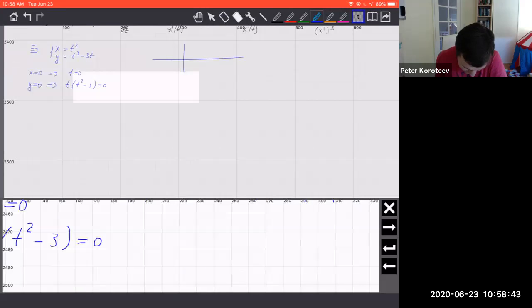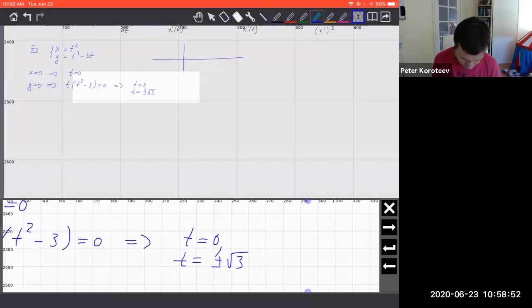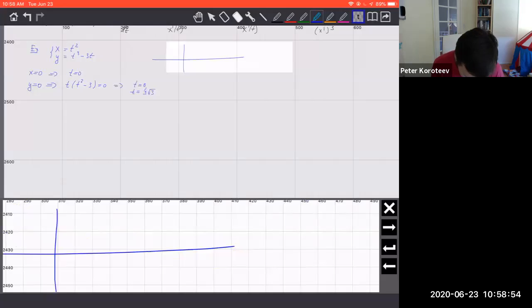So it happens at 3 points: t is equal to 0 and t is equal to plus and minus square root 3.